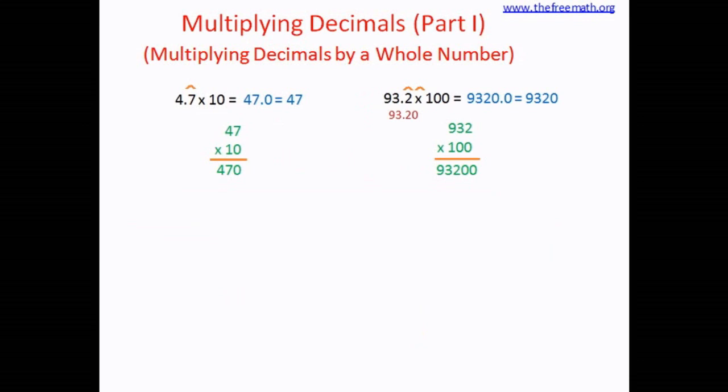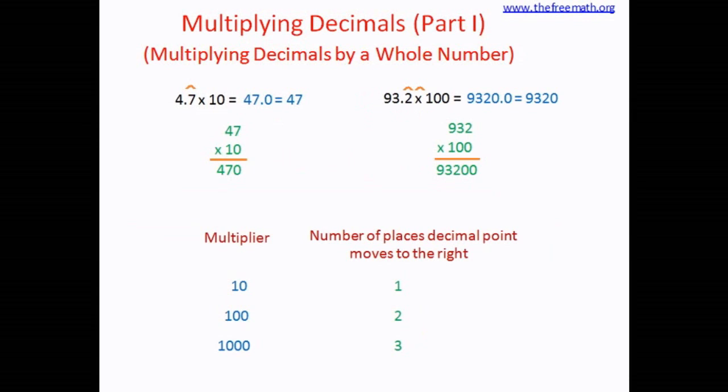So I can say that the decimal point hops over 2 digits and moves to the right, so that I can get the answer as 9320.0. So what we understand here is that multiplying a decimal number by 10, 100, 1000, 10,000 and so on is pretty easy.